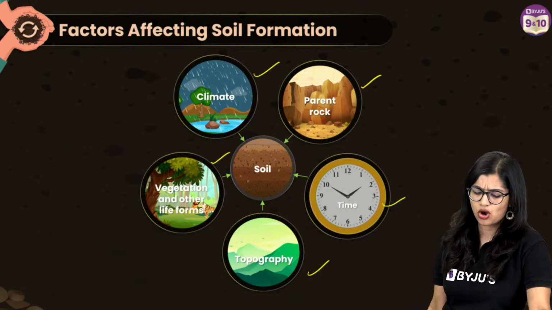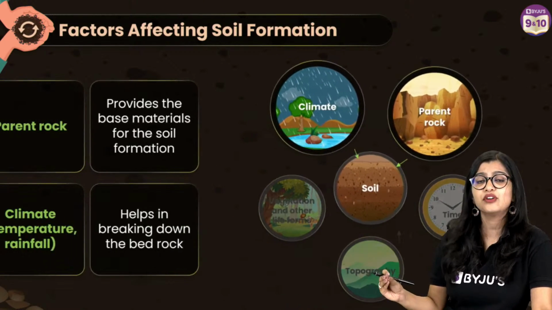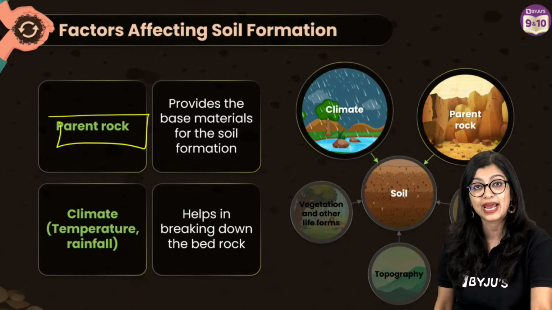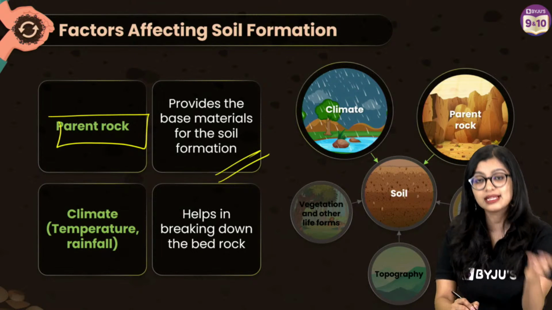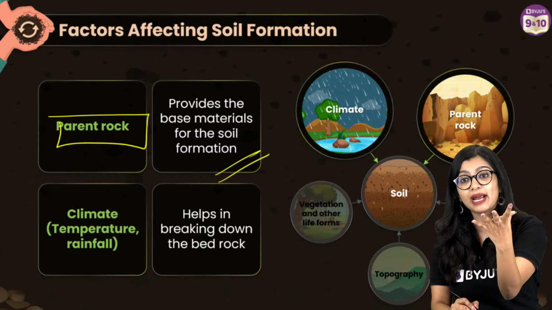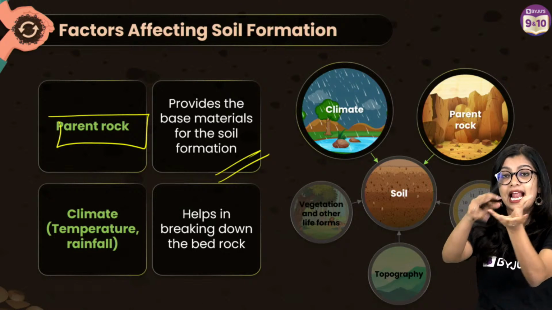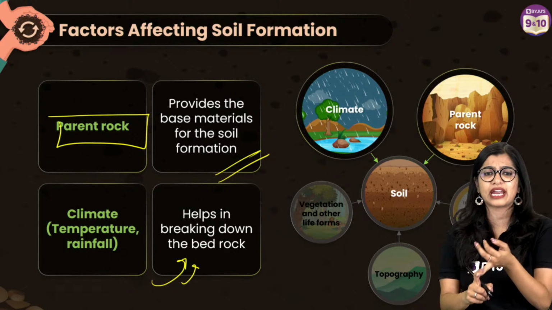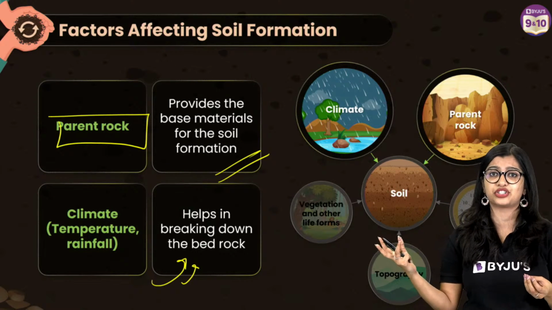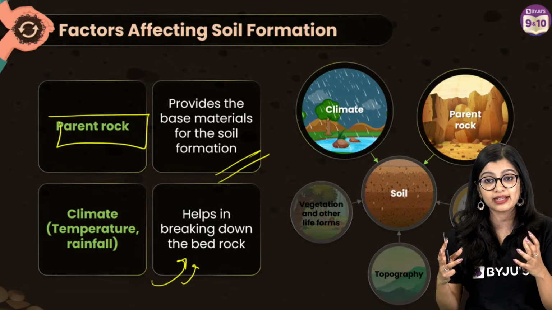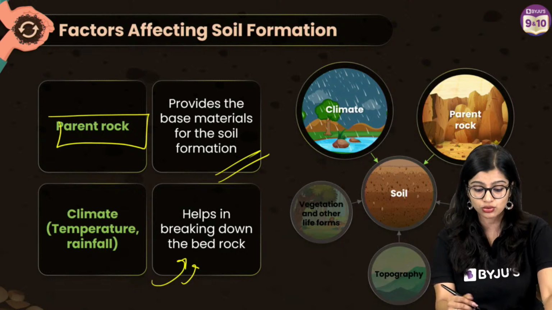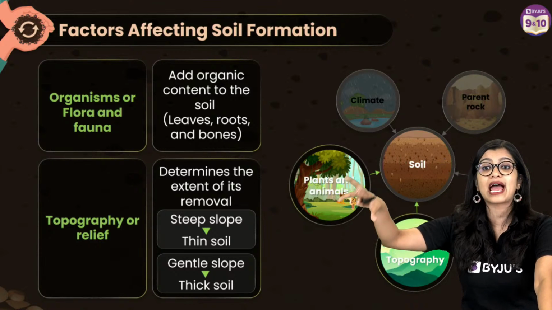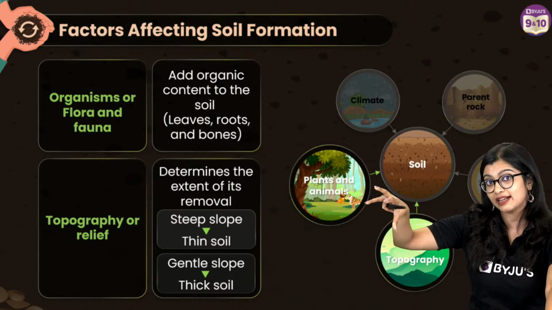So broadly, for soil to be formed, we need a parent rock or a bedrock, and this is the base material that helps in the formation of soil. Of course, temperature, rainfall, and various climatic conditions contribute to the breakdown of this parent rock, followed by living organisms which also facilitate the breakdown.